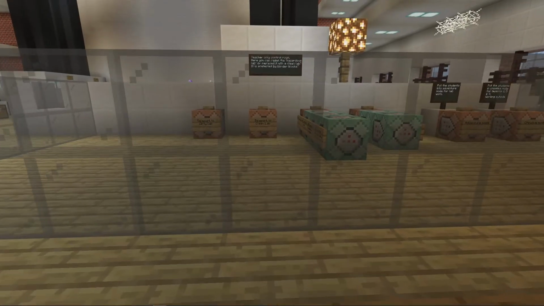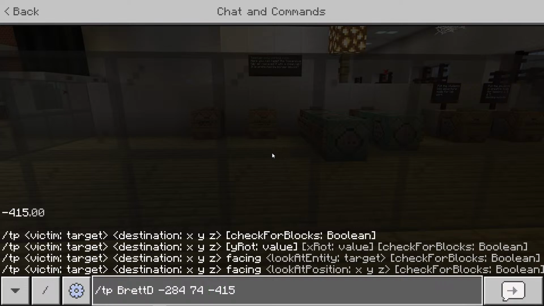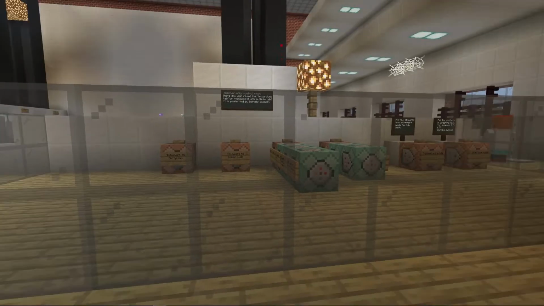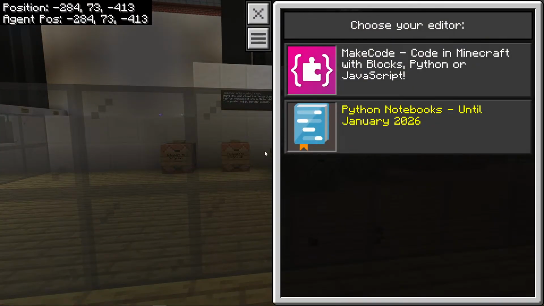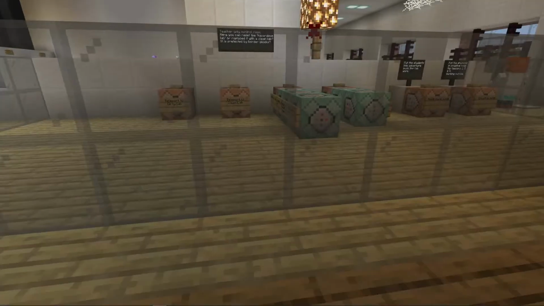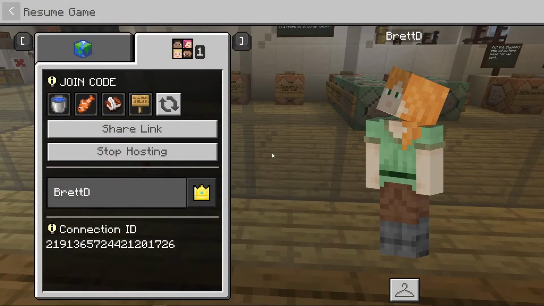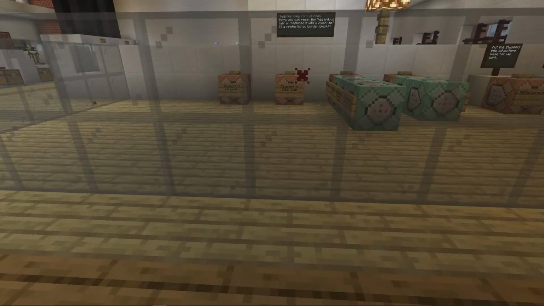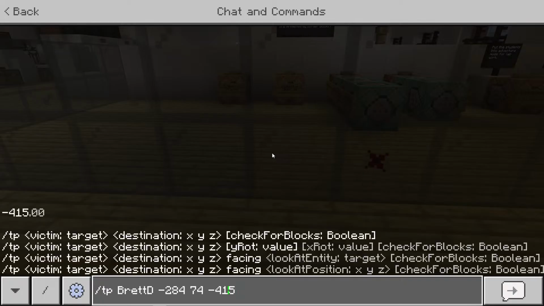Okay, cool. We got that. And we had our X, Y, Z. Which way are we facing here? Oh, we can't bring out that anyways. 284, 73. I think if we go forward a few blocks each way, we'll be good, right? 718.